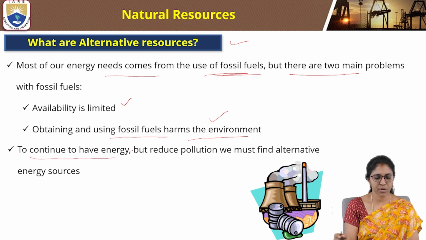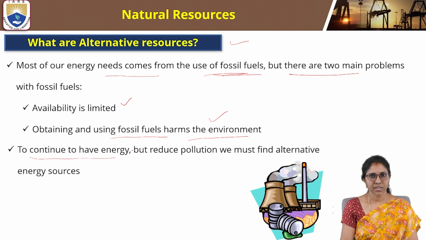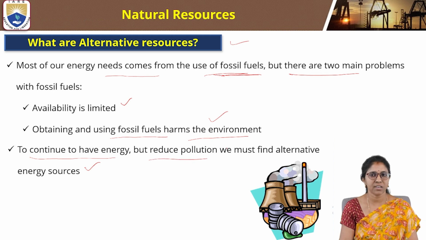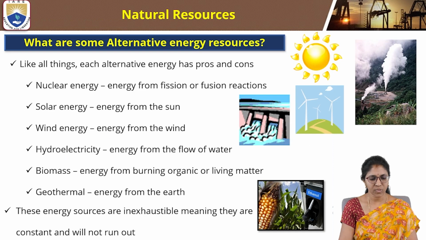To continue to have energy but reduce pollution, we must find alternative energy sources. We need energy, and since we are using fossil fuels, we have to reduce the pollution, so we must find alternative energy sources.